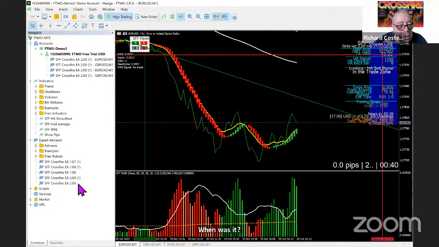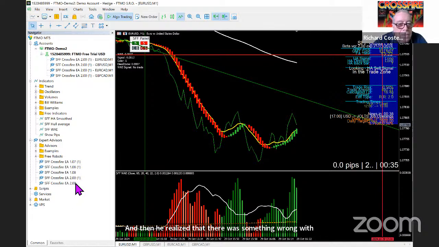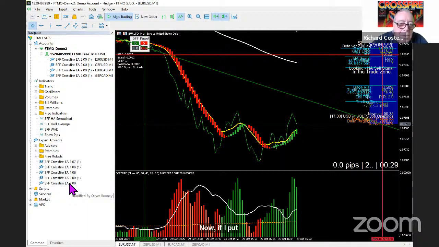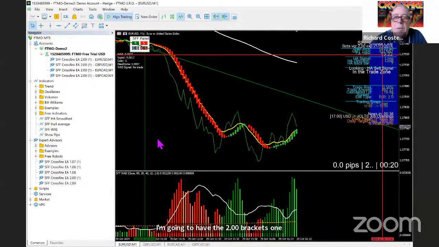And then he realized that there was something wrong with it, so he sent me the next version. Now, that is this. If I put this version on it won't work. I've got to have the 2.00 brackets 1, and you've got to make sure you've always got the most up to date. So Crossfire wise, that is the most up to date.